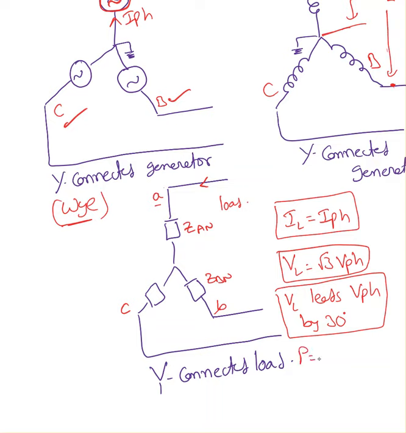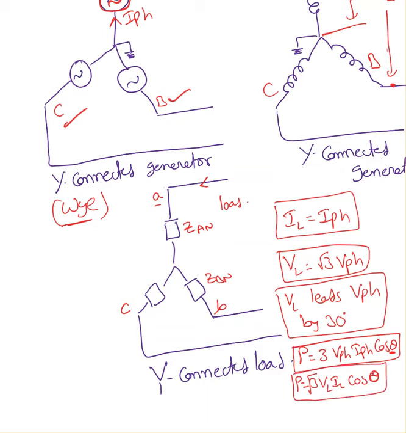And power P equal to 3 times VPH IPH cos theta, my apology, I put it in the reverse. Or P equal to √3 times VL IL cos theta. This theta is still the angle between VPH and IPH. You can use any one of these formulas.